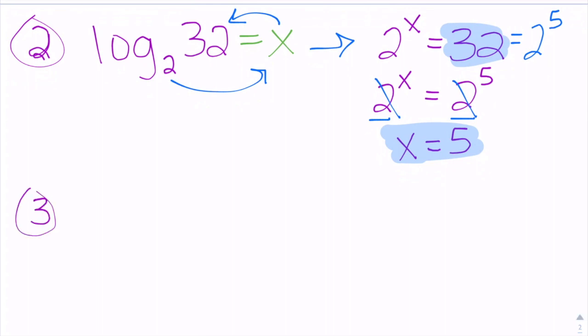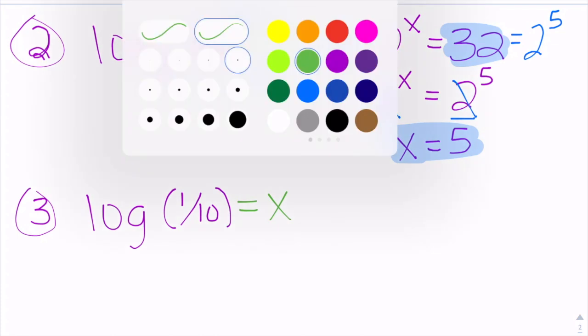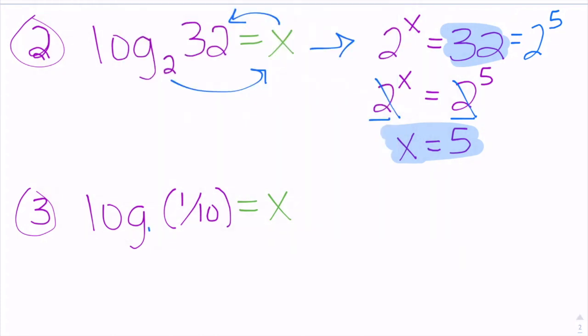Example 3. If we have log of 1/10, we're going to write equals in a different color just because it's not part of the original problem. So equals x. And then we want to remember there's an unwritten base of 10 if there's no base written. Convert to exponential form.